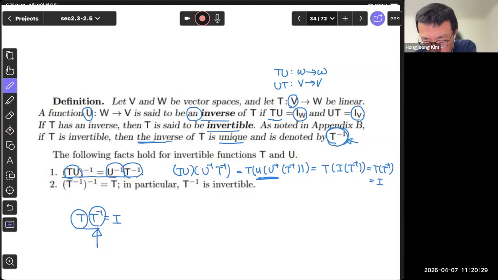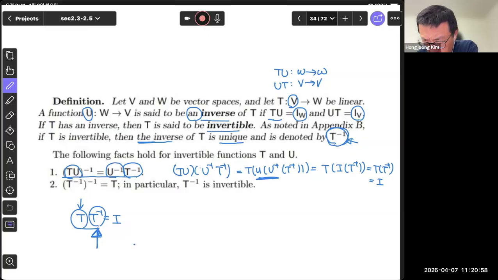Do you understand what I'm saying? So if I look at this expression, the composite of T and T inverse will generate the identity mapping. So if I interpret the left hand side with respect to T, then the guy on the right is the inverse of the one on the left. But if I interpret with respect to the T inverse on the right, then T on the left will be its inverse.